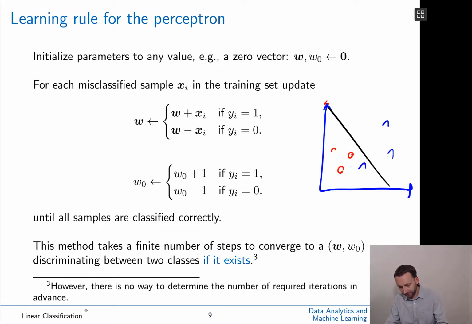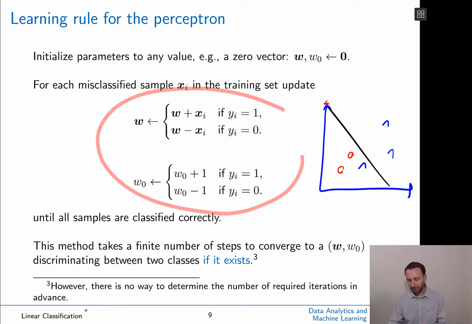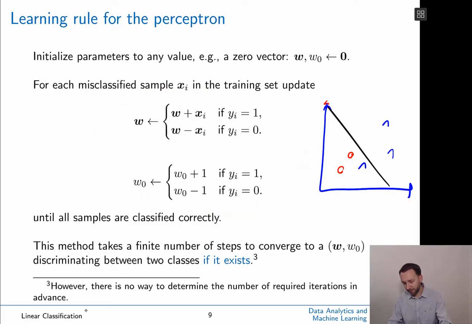So this is your current hyperplane. These are correctly classified, these are correctly classified, and this apparently is misclassified. So we have to follow this update rule. So far, this is our current weight vector, our normal vector, and we also have the bias term, but let's focus on the weight vector, the normal vector.